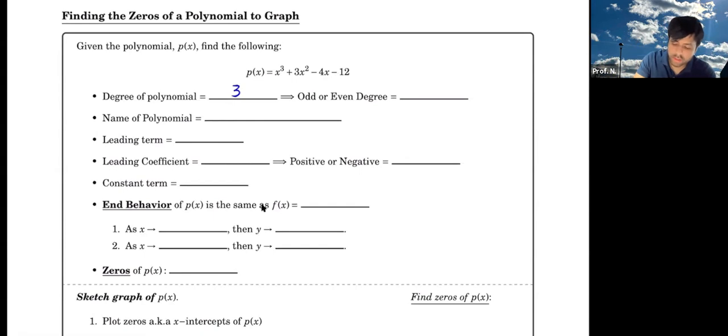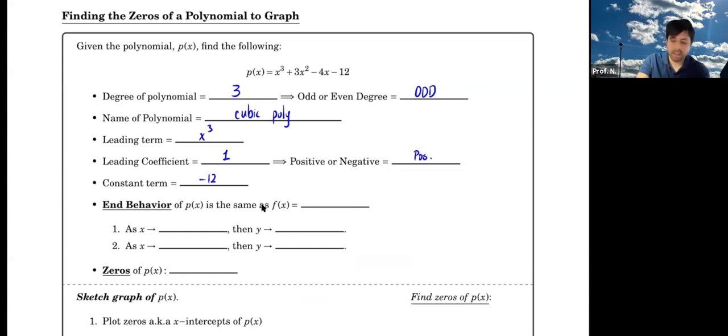The degree is an odd number, obviously. The name of the polynomial is a cubic polynomial or a third degree polynomial, either way. The leading term is x cubed. The leading coefficient is 1. It's positive. The constant term is negative. So that first part is now very simple.